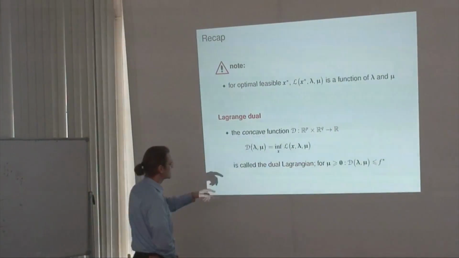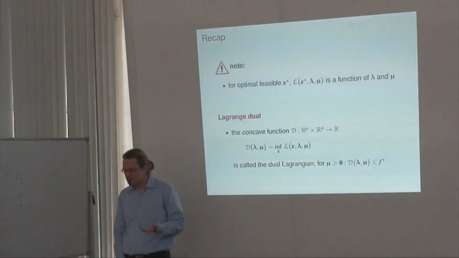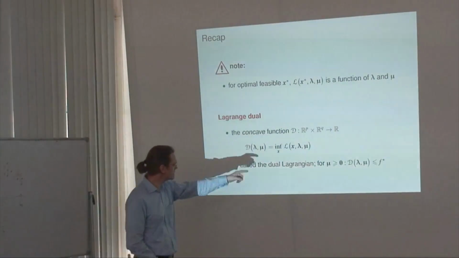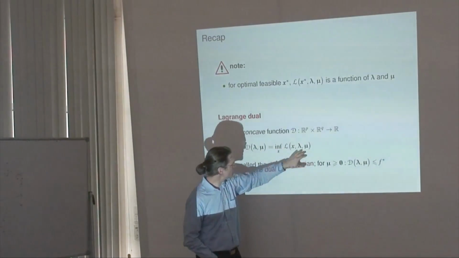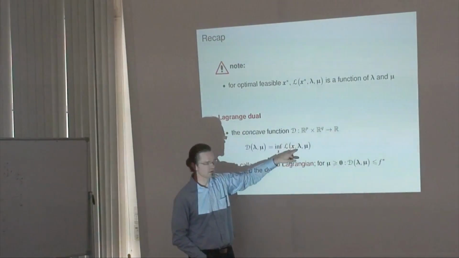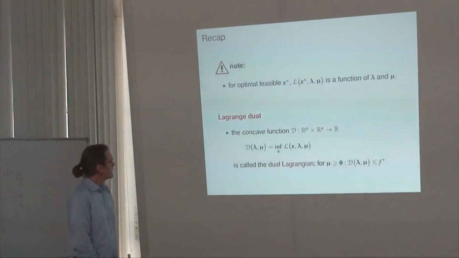And this is basically to say, look at the infimum of that function, which is to say, let's find an x star and plug it in here. So basically, instead of the infimum over all the x, I could have written the Lagrangian of x star, lambda. That is what that means. Now this is called the dual.